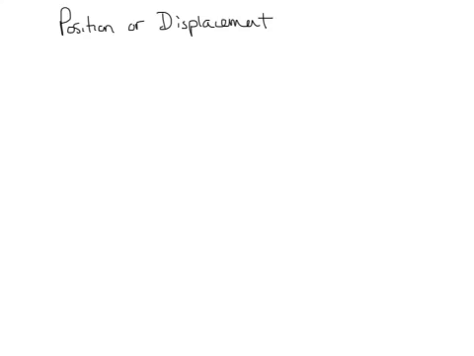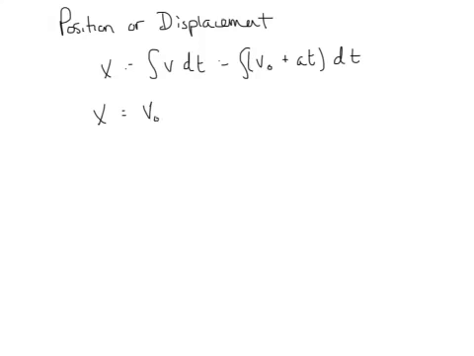Now we're going to derive our kinematic equation for position or displacement. So remember, position is always the integral of velocity with respect to time. So that's going to be the integral of v naught plus at with respect to time. So if we evaluate that integral, we're going to get x equals v naught t plus at squared divided by 2 plus c.